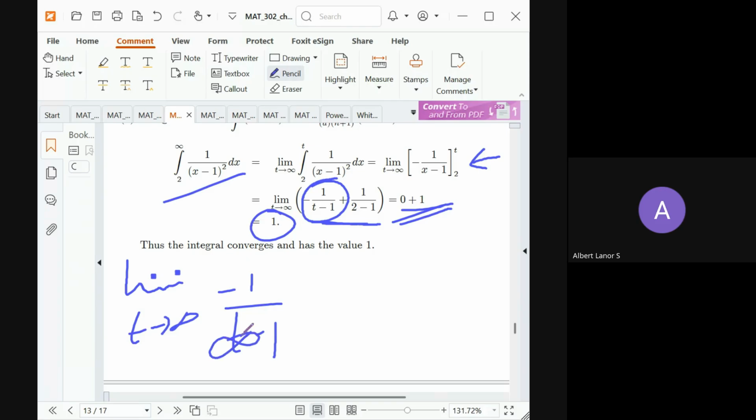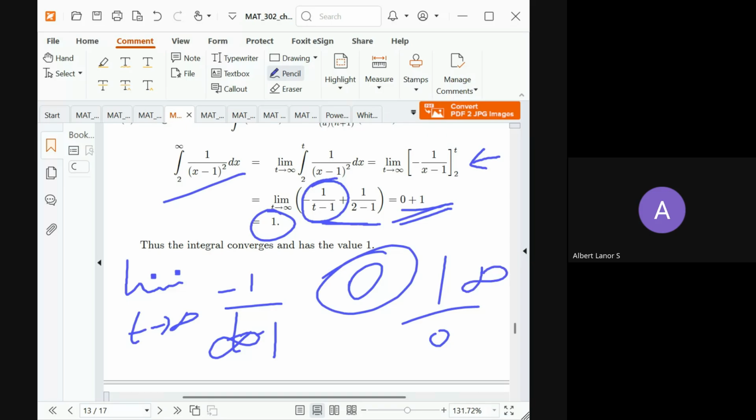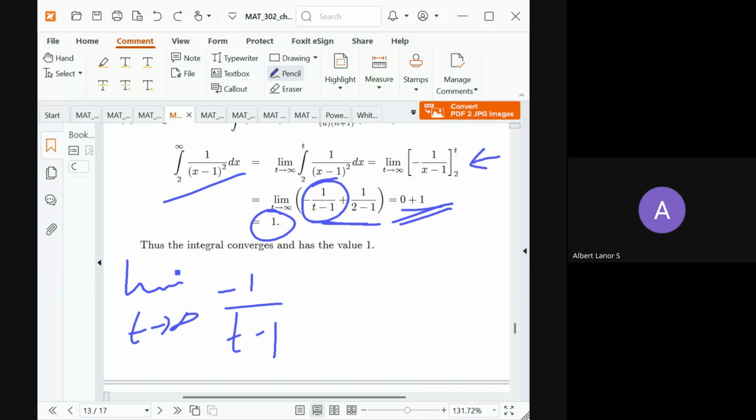Infinity minus 1 is still infinity, and 1 over infinity is 0. Any number over infinity is 0. You know that 1 over 0 is infinity, and also 1 over infinity is 0. These are some standard things you ought to have known from the lower levels or from the earlier semesters.